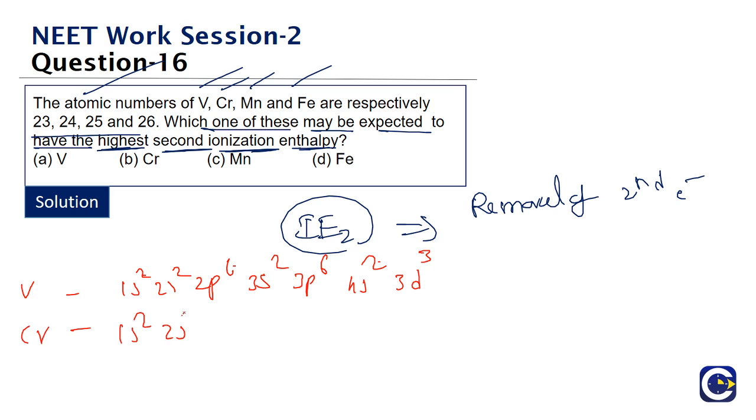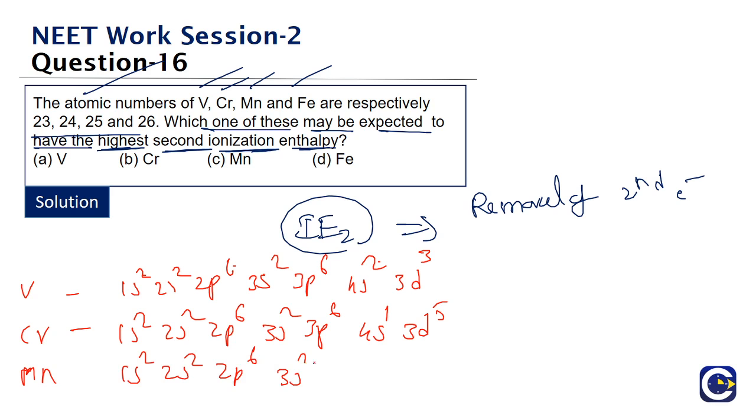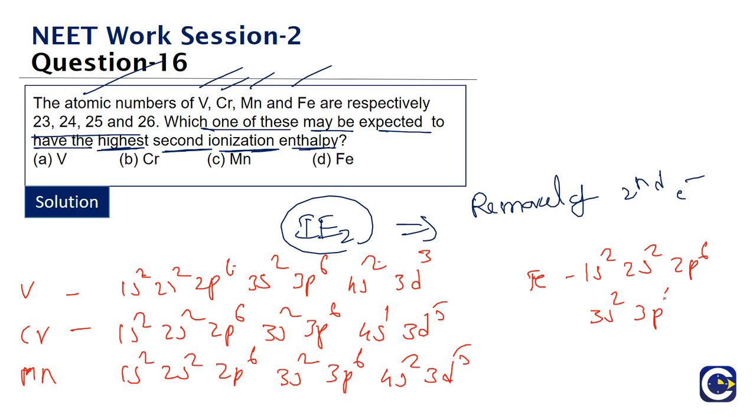Abnormal: 1s2, 2s2, 2p6, 3s2, 3p6, then 4s1, 3d5. Abnormal chromium. Then manganese: 1s2, 2s2, 2p6, 3s2, 3p6, 4s2, 3d5. That is manganese. What about iron? 1s2, 2s2, 2p6, 3s2, 3p6, 4s2, 3d6. That is iron.